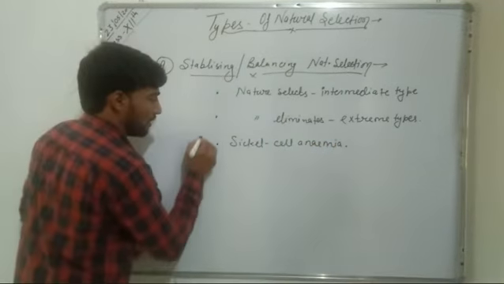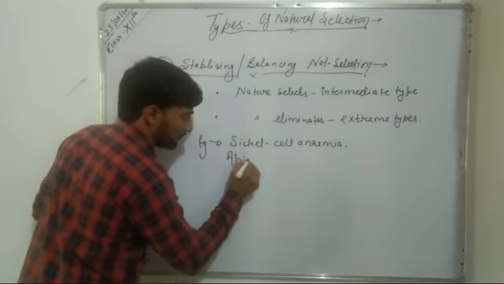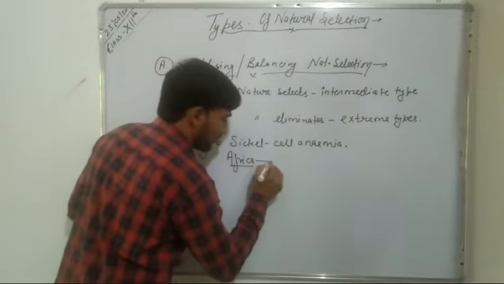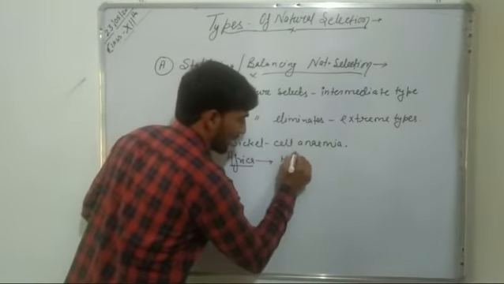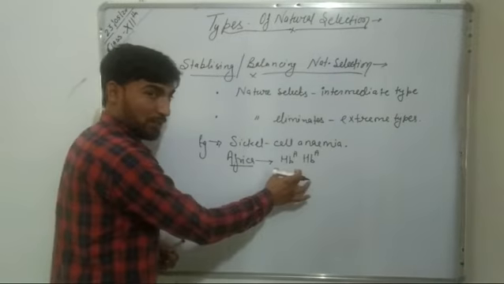So in the African continent, that is in Africa, what happens? We have the genotype for this sickle cell anemia as HbA HbA, which is an extreme condition.